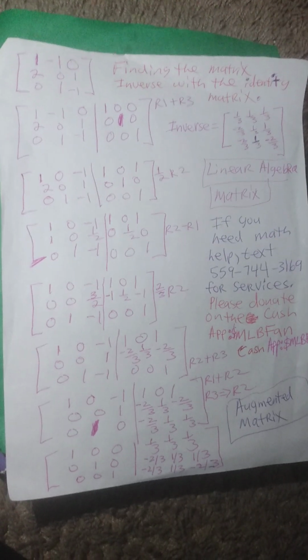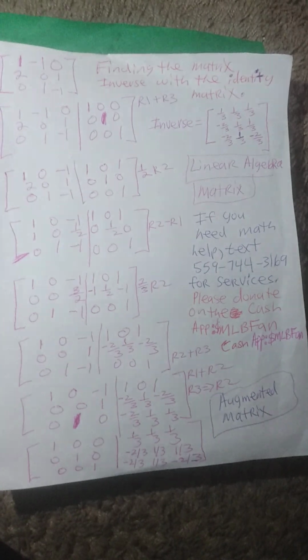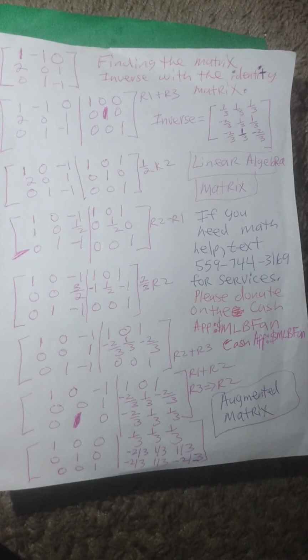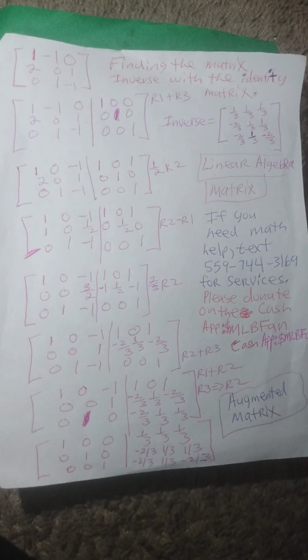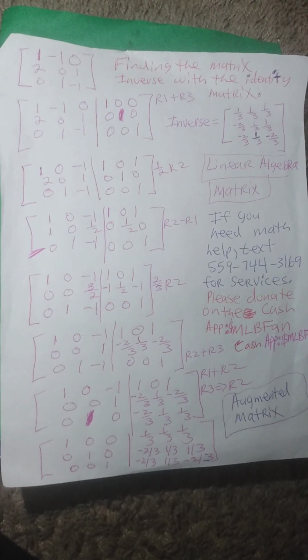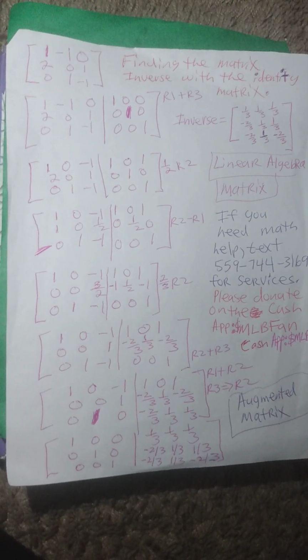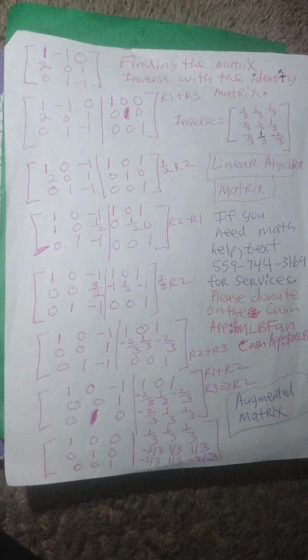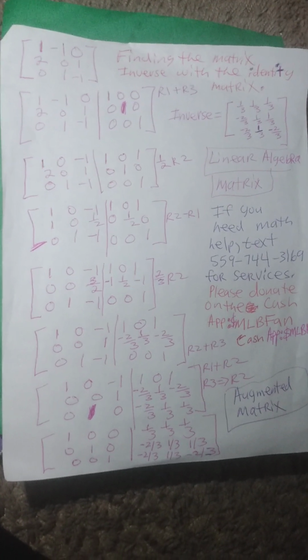So now we need to calculate row 2 minus row 1. So 1 minus 1 is 0. 0 minus 0 is 0. 1/2 minus a negative 1 will turn into addition, because minus a negative flips to addition.